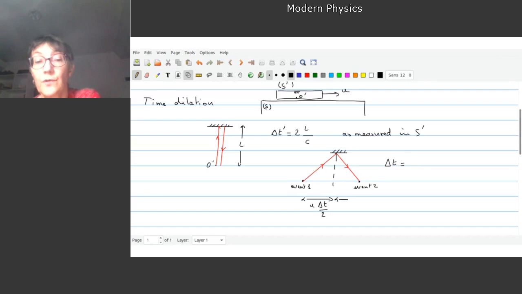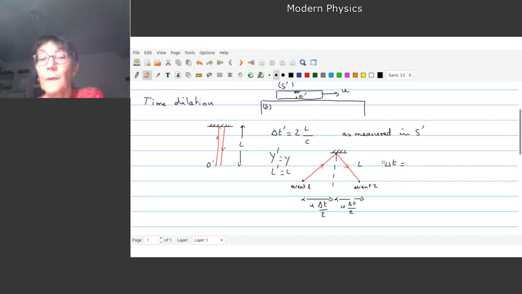This is also u delta t over 2. And you have here, what is this distance? This is L. In this direction, perpendicular to the movement, you have y, y prime y, so L prime L. Okay, no problem.